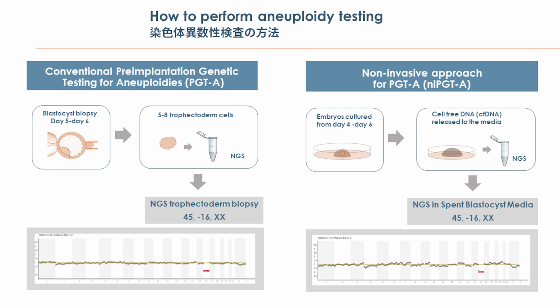Instead of discarding this media, we can place the media in the PCR tube, and we can apply next generation sequencing protocols to this media. Because we know that the embryos are releasing DNA to this media when they are growing.